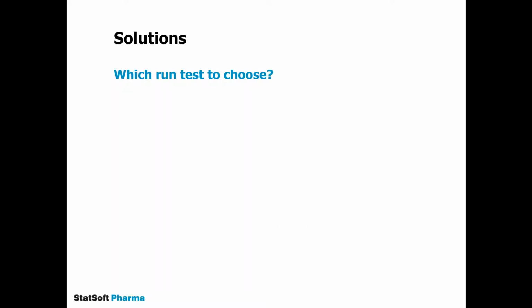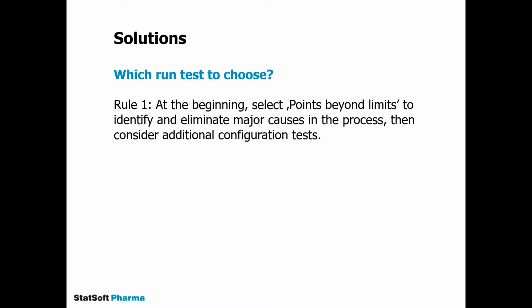Okay. Which run tests? Rule number 1, at the beginning, select points beyond limits. Identify and eliminate major causes in the process. Then consider additional configuration tests.